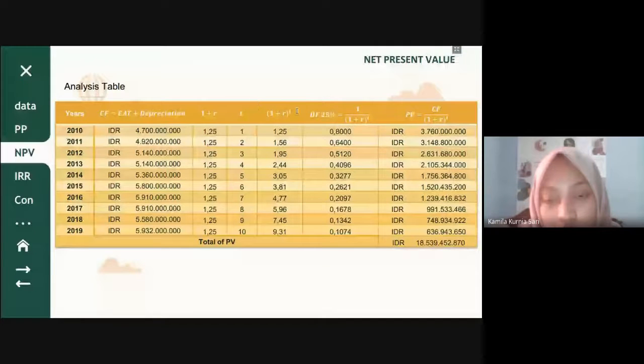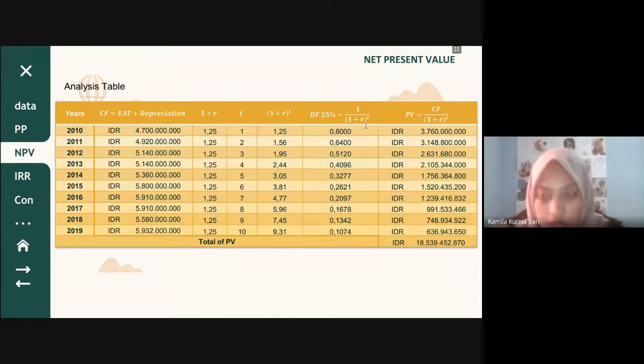The next column is 1 plus R power T. It is a calculation, so we get this value. Then we calculate the DF, or discount factor, for 25%. DF 25% is equal to 1 over 1 plus R power T, and we get this value.